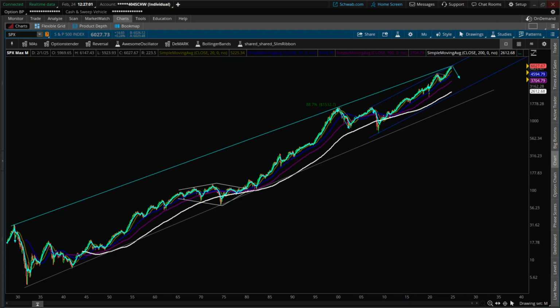And then we'll go through the normal analysis, mostly on the 65-minute, to give you what I think is happening and the pathways price may take. If it does this, then we'll do this kind of thing. Okay, so let's jump into it.